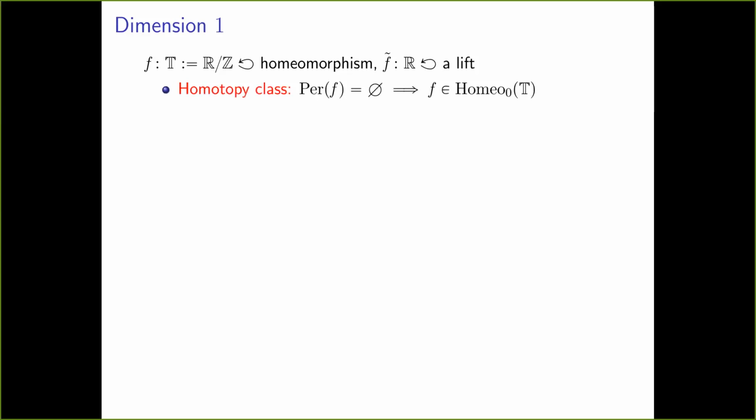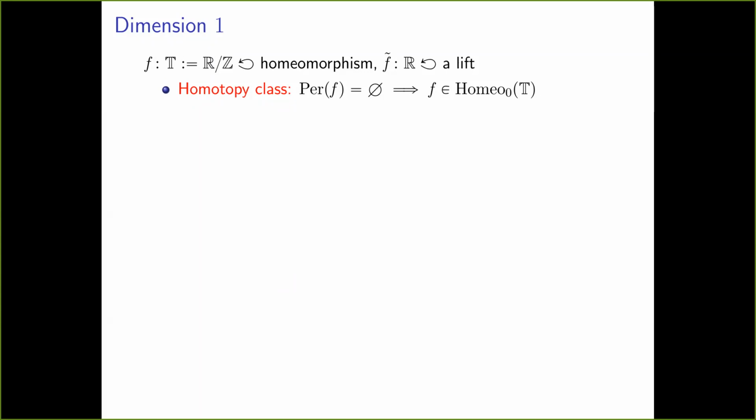In the case of the circle, you have only 2 homotopy classes containing homeomorphisms, the class containing orientation reversing homeomorphisms and orientation preserving ones, and just the orientation preserving class contains periodic point-free homeomorphisms.